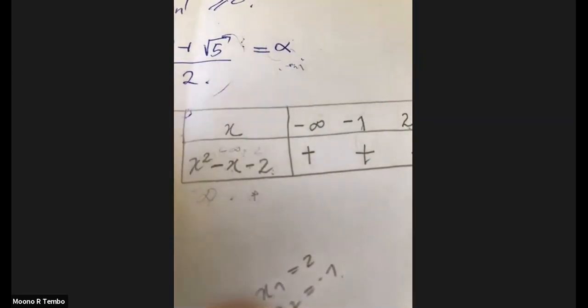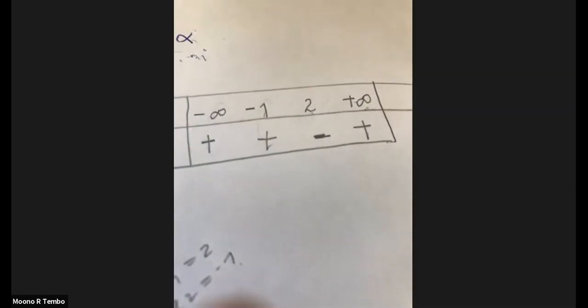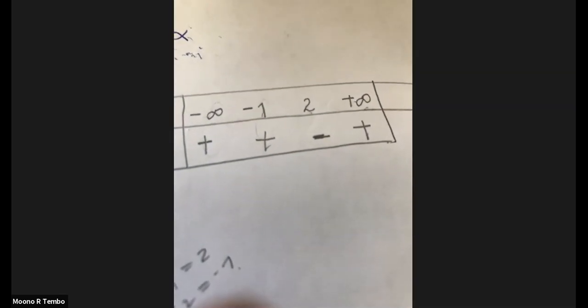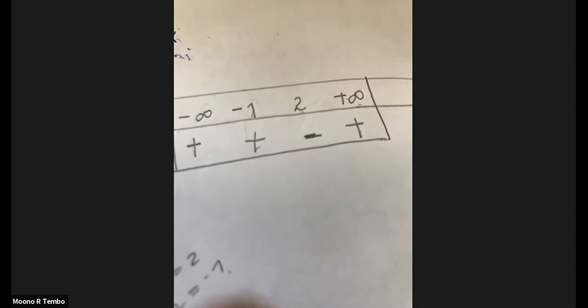So in this case, we've been given this denominator, and the values we found were -1 and 2, but then you always need to add your infinity.